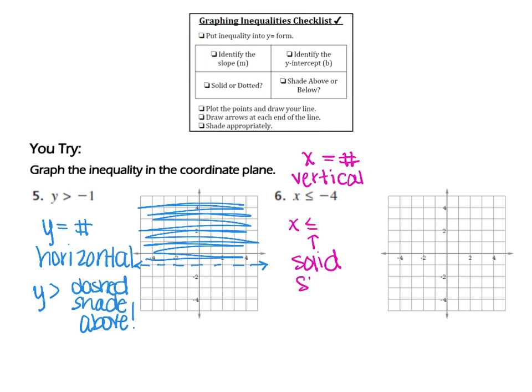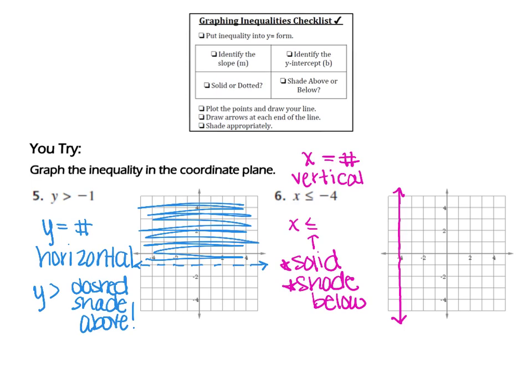And I shade less than, which is below. So if I start where x is -4 and draw myself a vertical line, that's a solid line. Put my arrows at the ends.